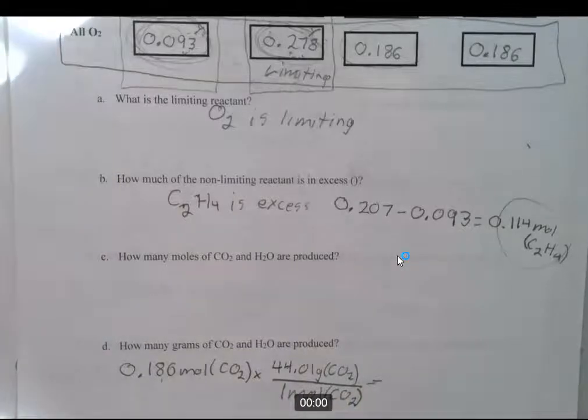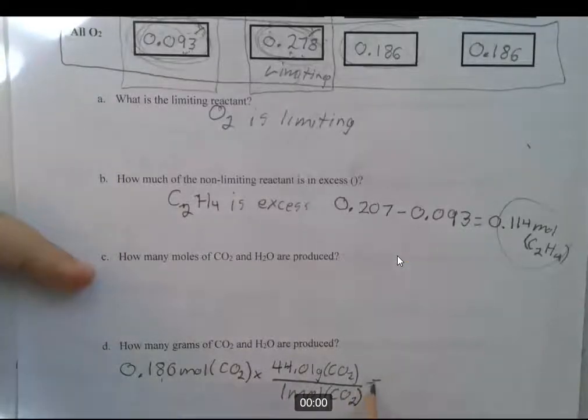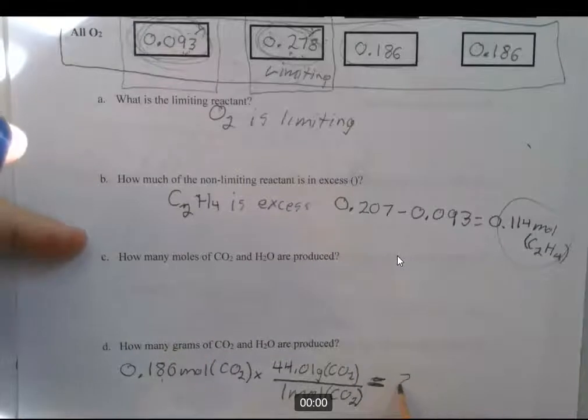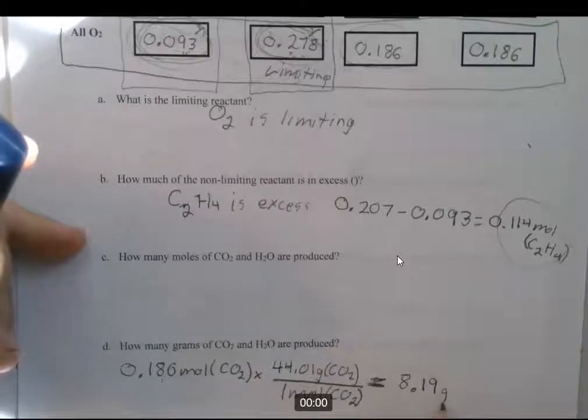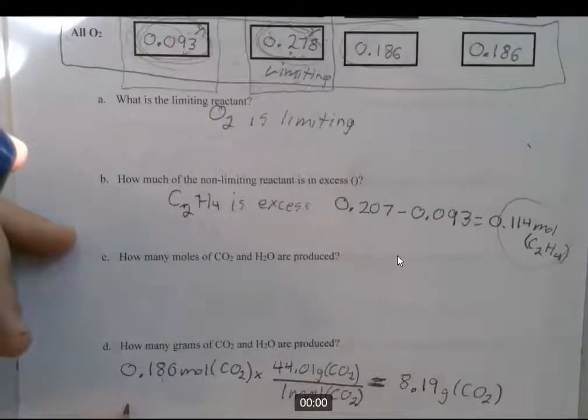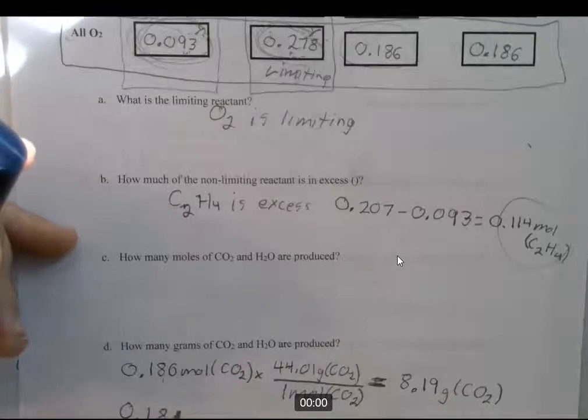So you multiply 0.186 times 44.01, and that gives us 8.19 grams of CO2. Same thing for water, same number of moles, but different molar mass.